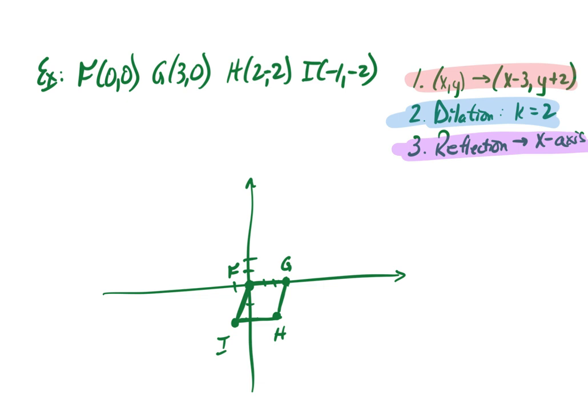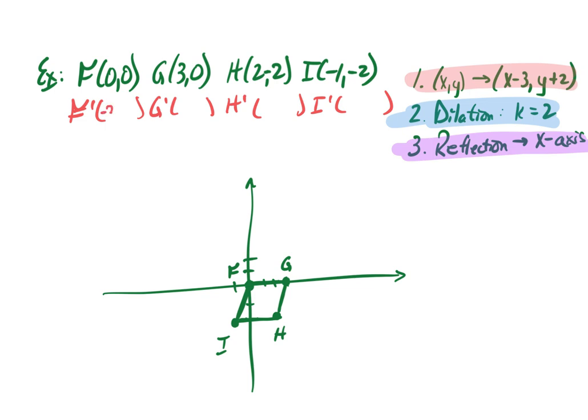Okay, so I'll choose to do the translation in red. So I'll have F prime, G prime, H prime, and I prime. And what we're supposed to do with the translation is subtract 3 from all of the x's.